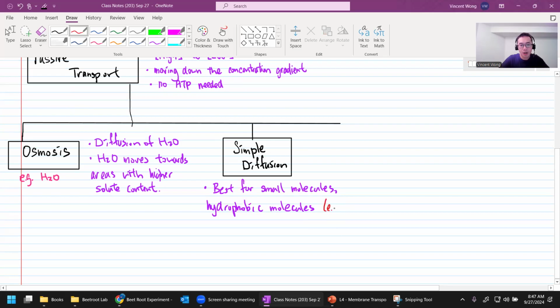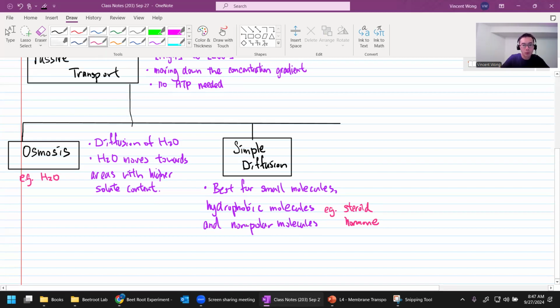An example of a hydrophobic molecule would be a steroid hormone. So simple diffusion is best for small molecules, hydrophobic molecules, and non-polar molecules as well.